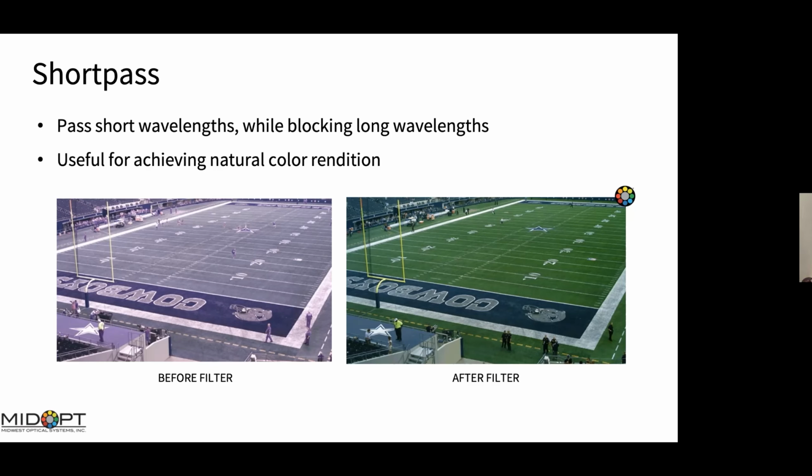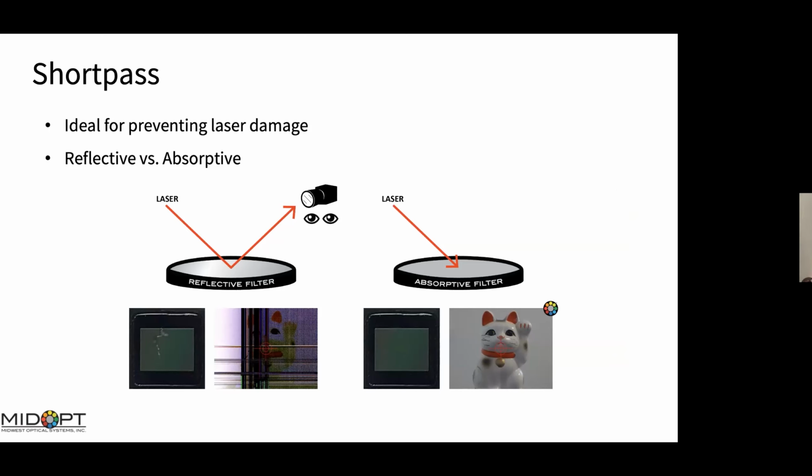Short pass filters are also very useful for helping to prevent laser damage, especially if you're using an IR laser, since laser wavelengths are in the IR. They help to protect your lens and your camera in a laser inspection application where you might be monitoring a laser marking application. You're just monitoring what happens, and it's possible some stray laser beams can damage your sensor and your lens.